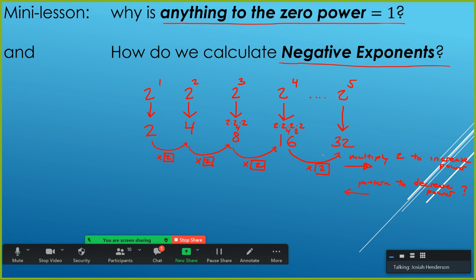Anyone see that? Can I divide something to 32 and get 16? Divide 16 by the same number and get 8. Divide 8 and get 4. Divide 4 and get 2. What's the pattern to go the other direction?